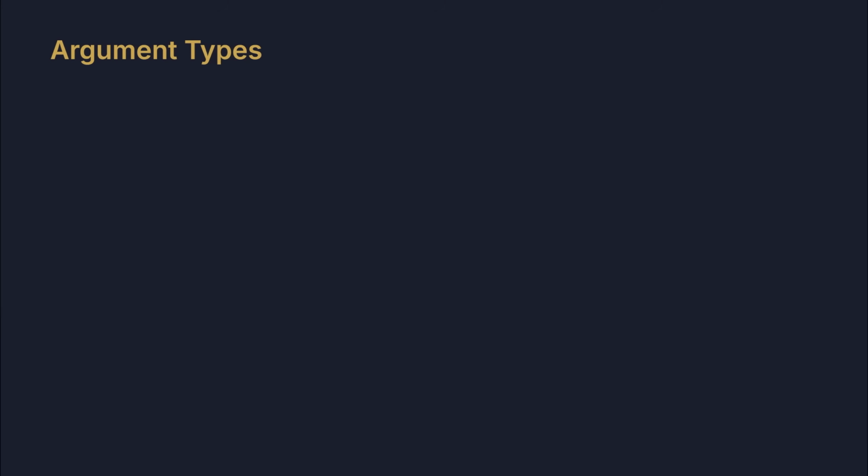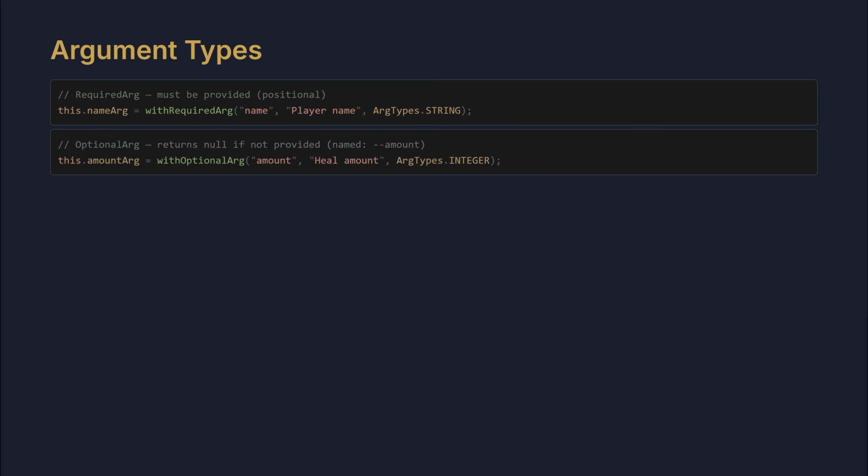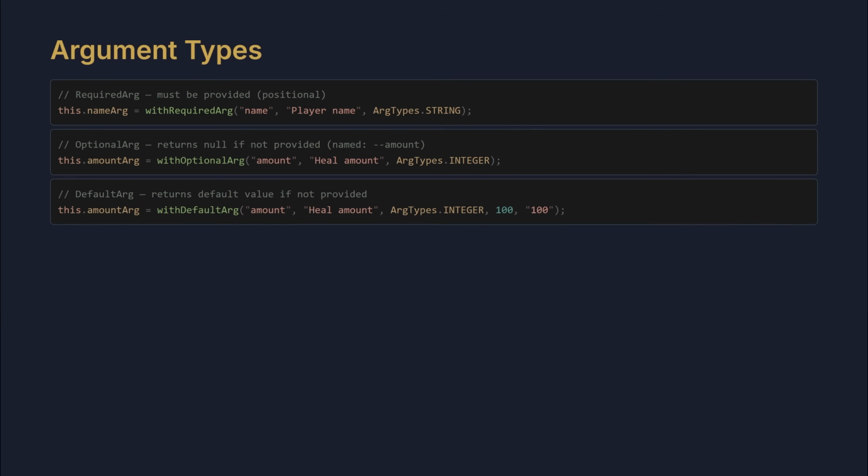So we can do this with the different argument types. We are provided with the method with required arg, with optional arg and with default arg, or, for example, with flag arg.